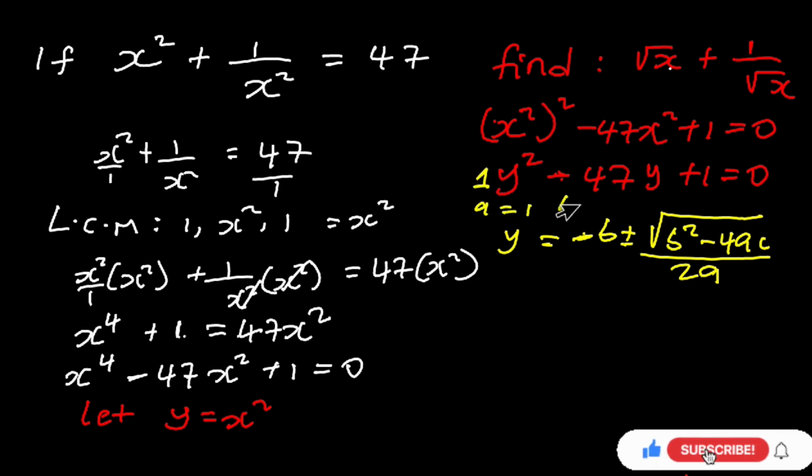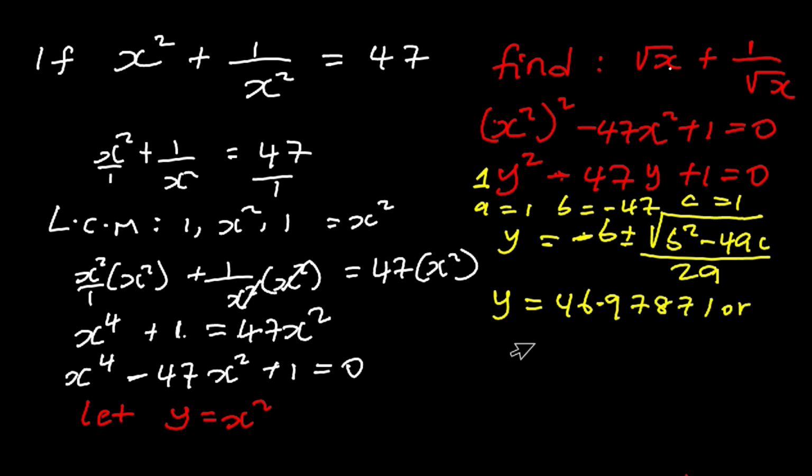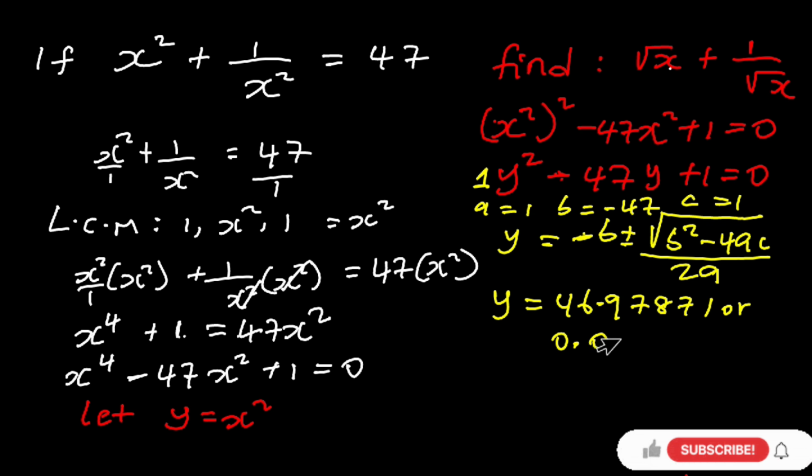Then our b is equal to negative 47, b is always the coefficient of y, and then c is the constant, which is equal to 1. So when we plug these values into the general quadratic formula, we're going to have the value of our y as 46.97871 or 0.021286.